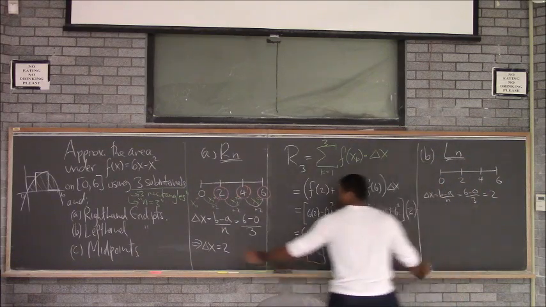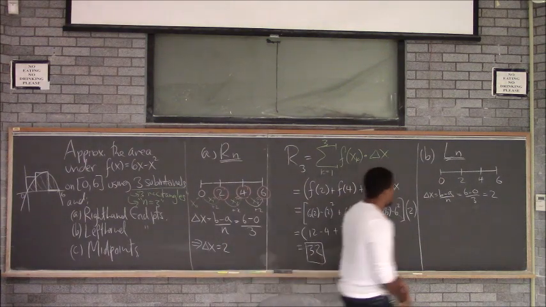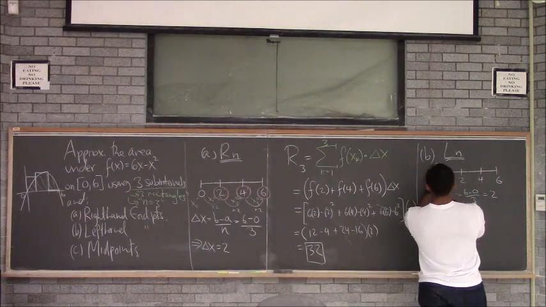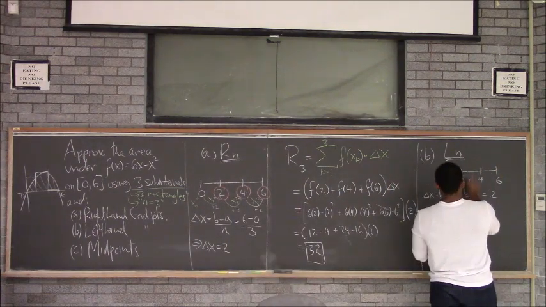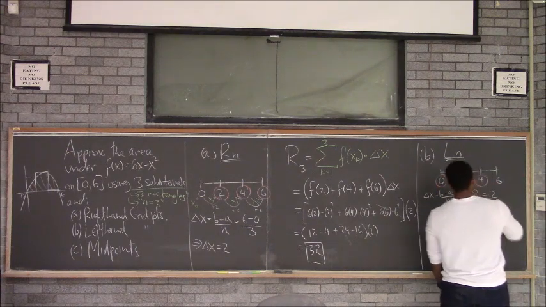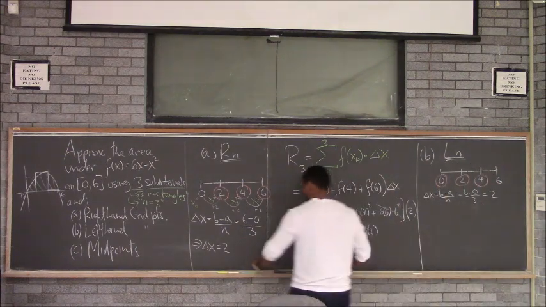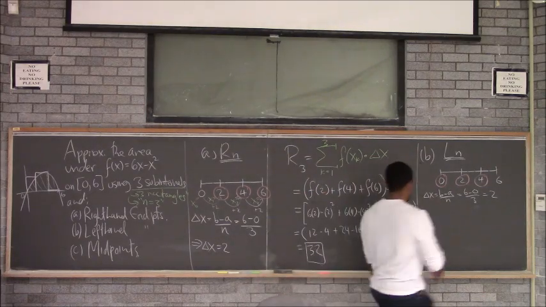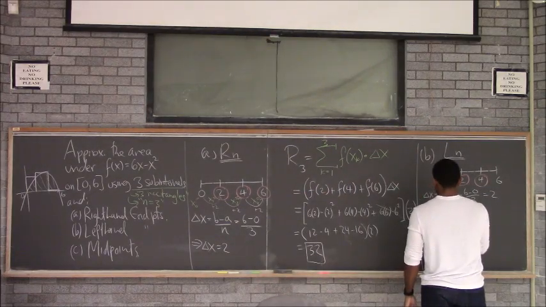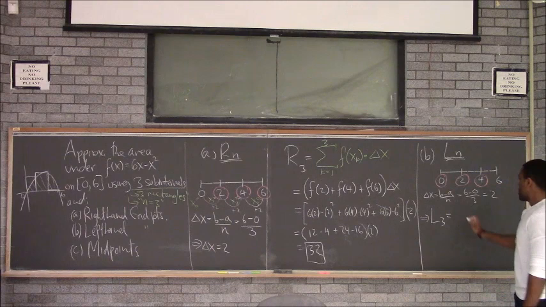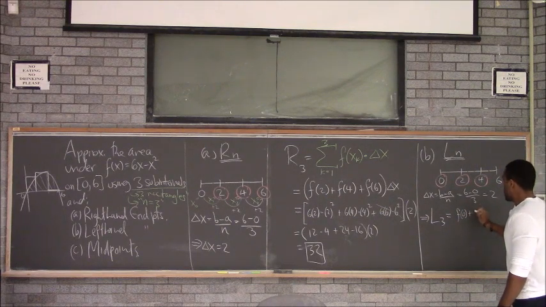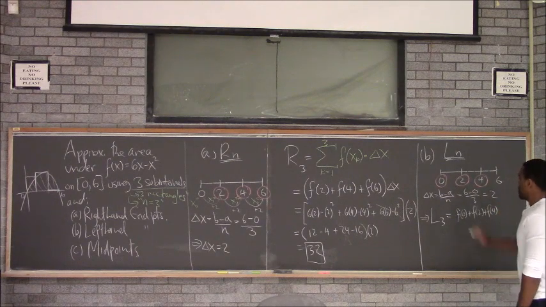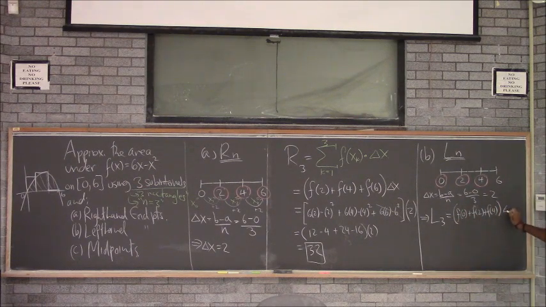Then I know I want the left-hand endpoints. So on this interval, pick the guy on the left. On this interval, pick the guy on the left. On this interval, pick the guy on the left. And so L sub 3 is going to be f of 0 plus f of 2 plus f of 4. All of that times delta x.